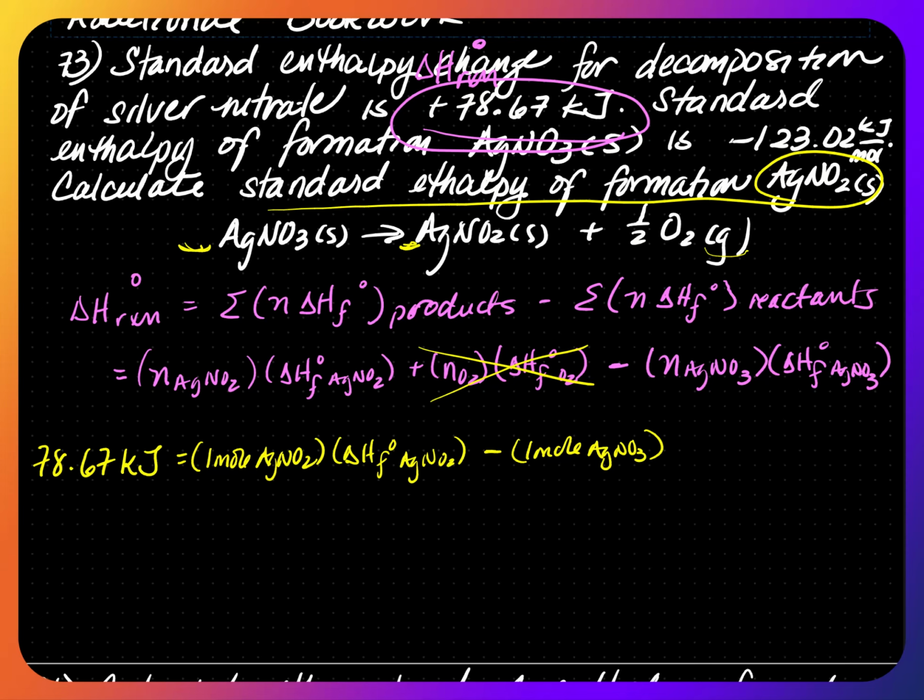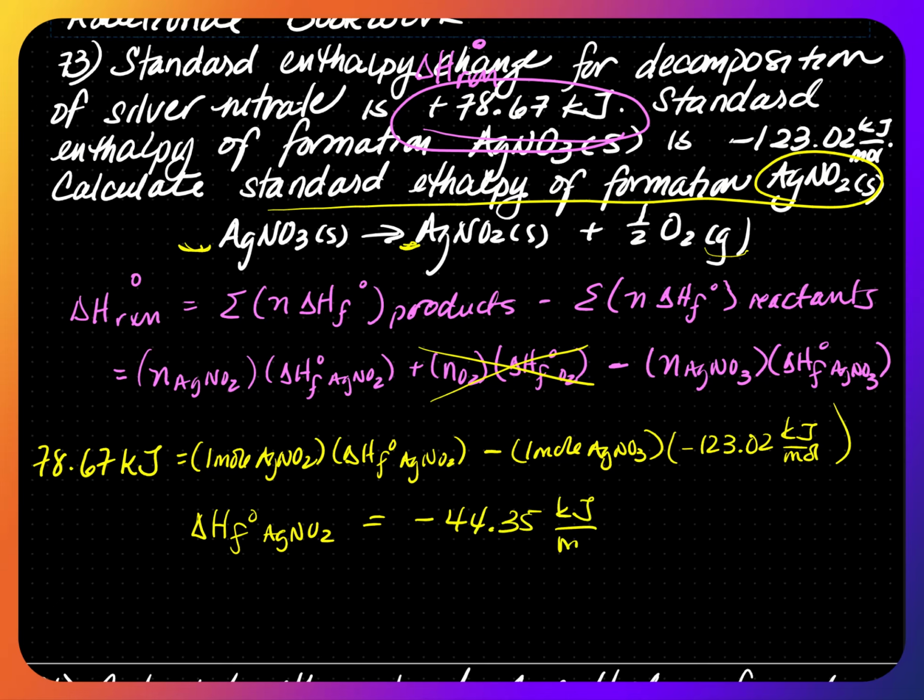My delta HF of AgNO3 is given as negative 123.02 kilojoules per mole. So if I rearrange my equation and solve for delta HF naught of AgNO2, you're going to get negative 44.35 kilojoules per mole. And if you notice, since it's a negative sign, this is exothermic, and so it's very stable.